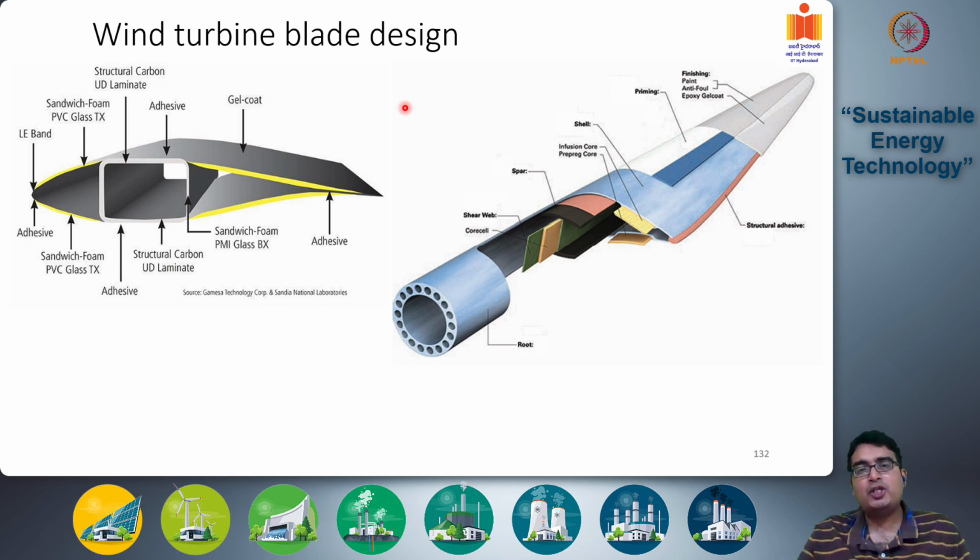Now the next question is what is the design of these wind blades. Here a lot of innovation has happened over the last few decades. Originally the wind blades were basically solid aluminium shapes.